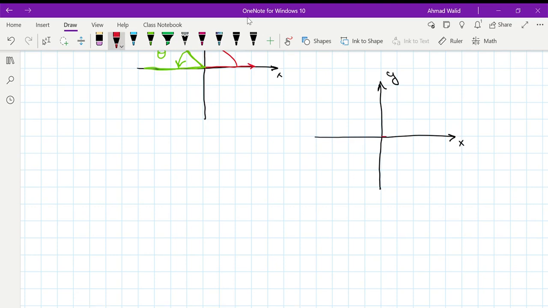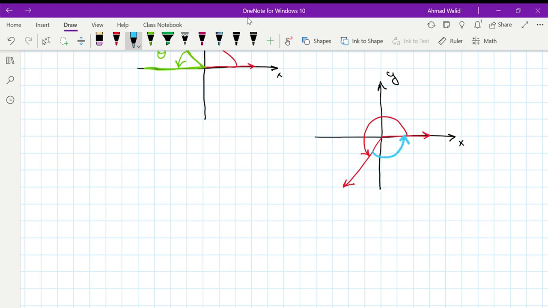For example, this is the initial side and this is the terminal side, and it's a positive angle. This one is theta. Now, the common mistake students make is they immediately go this way and say, oh, then this is the reference.